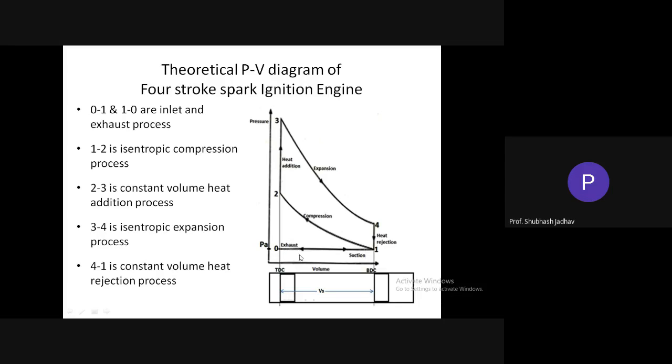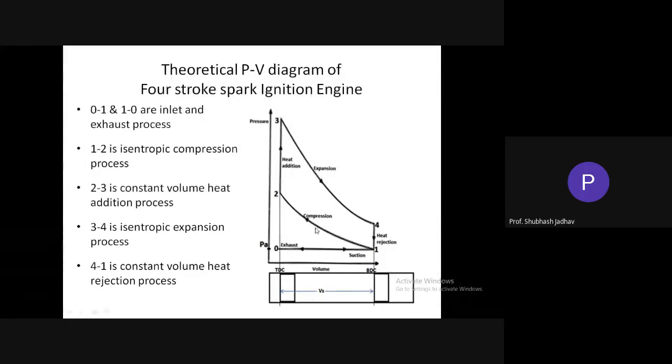When the volume was increasing, it was moving toward this side. When the volume is decreasing, it has to move toward this side. But the pressure is also increasing, which is why it is moving to the upper side. So due to the decrease in volume, it is moving towards the left side, and due to the increase in pressure, it is moving towards the upper side. And that means this now becomes a curve.